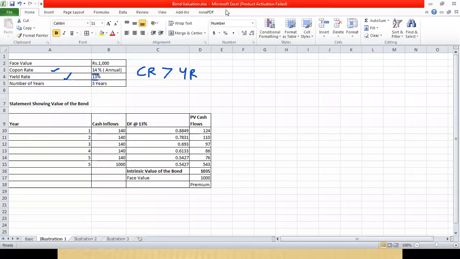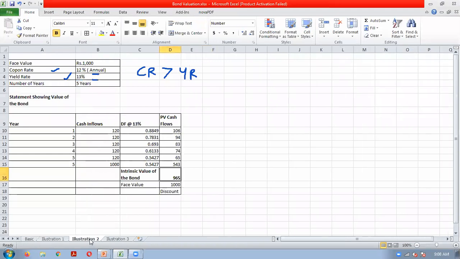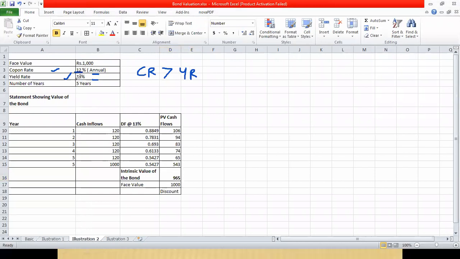In illustration number 1, coupon rate is greater than the yield rate. Coming to illustration number 2, coupon rate is 12 percentage, yield rate is 13 percentage. So in illustration number 2, coupon rate is less than the yield rate.